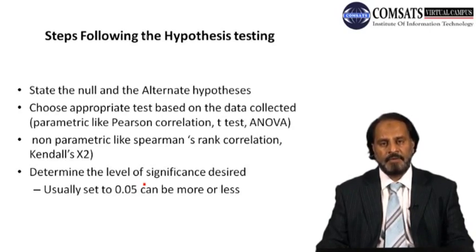But based on the kind of statements we have made, we need to select one of these types of tests to apply. More detail on these different types of tests will be covered in the statistical portion of this course.